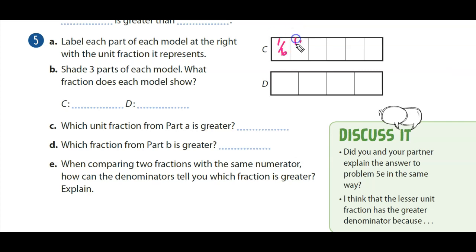Go ahead and label it. And then what would be the unit fraction for D? There's 4 of them, so that would be my denominator. And my numerator is always going to be what when it comes to a unit fraction? 1.